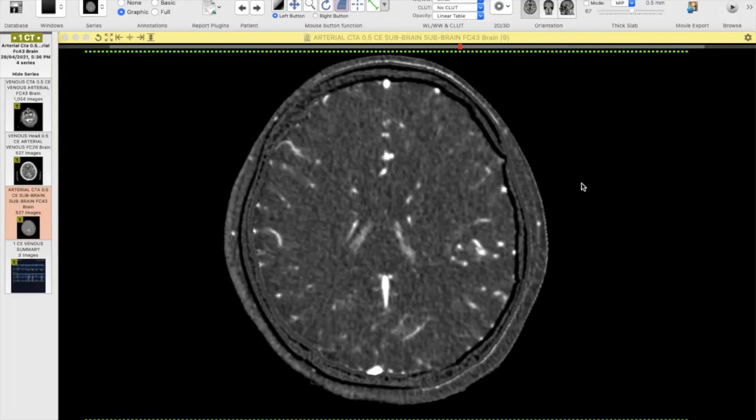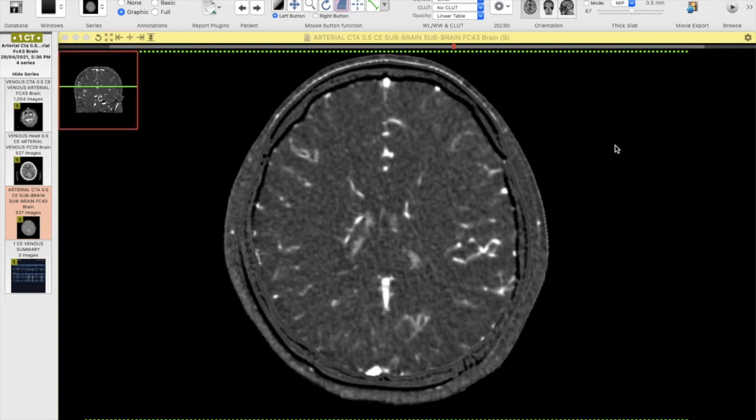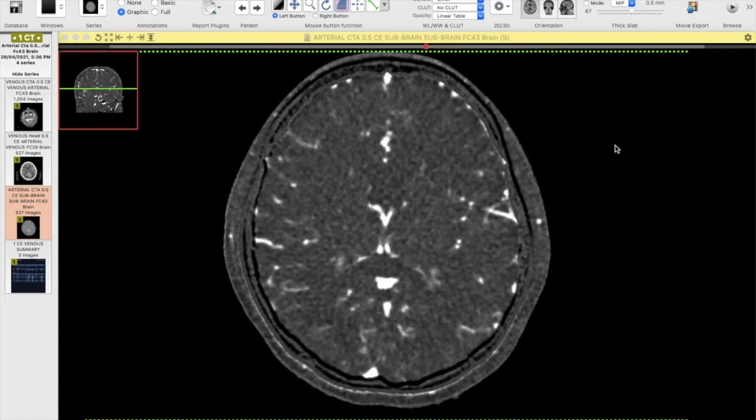Okay, next I will show you normal CTA brain images of one patient. This is a normal CTA brain finding.